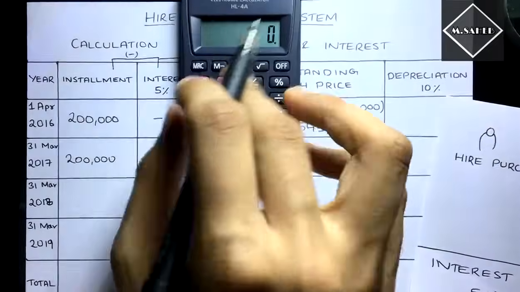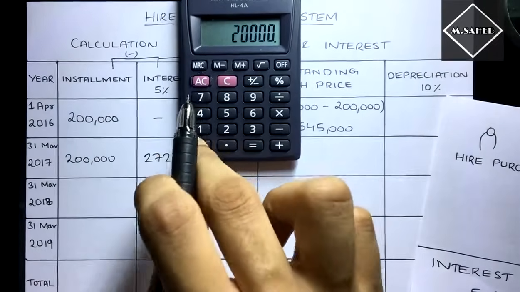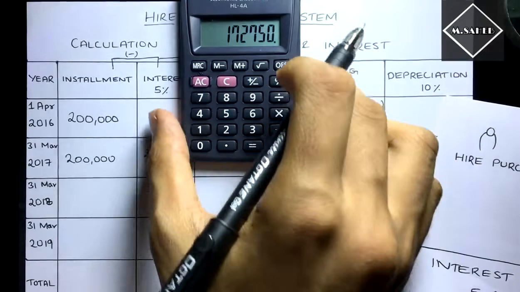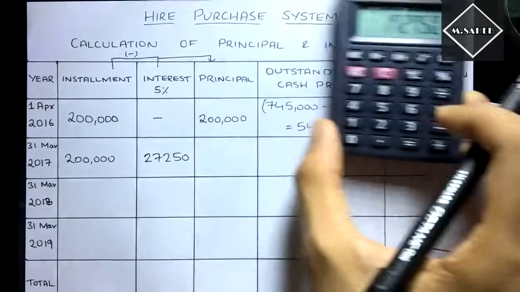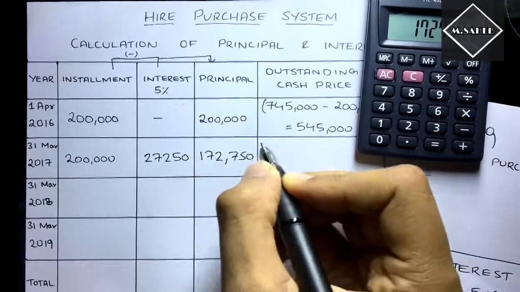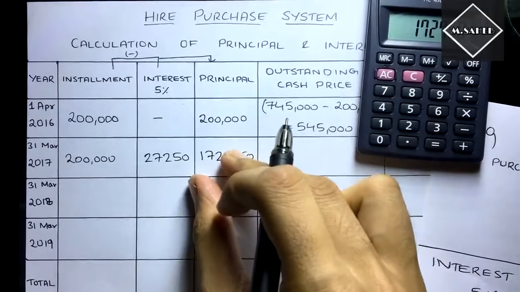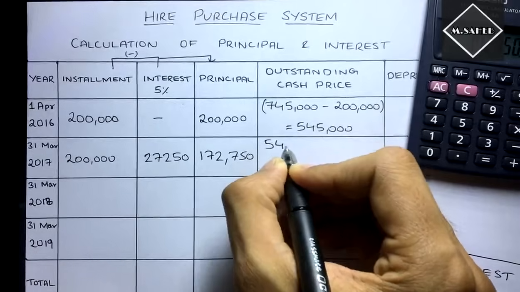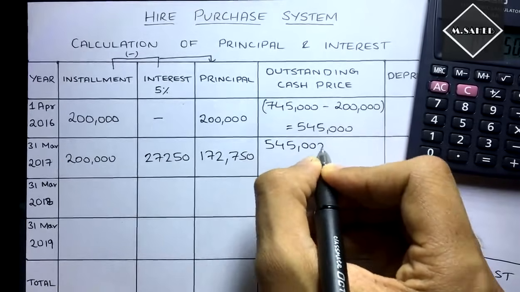2 lakh minus 27,250 is equal to 1,72,750. 1,72,750 would be the principal amount. Then this principal amount has to be deducted from the outstanding cash price. Now how much is outstanding? Outstanding is 5,45,000.